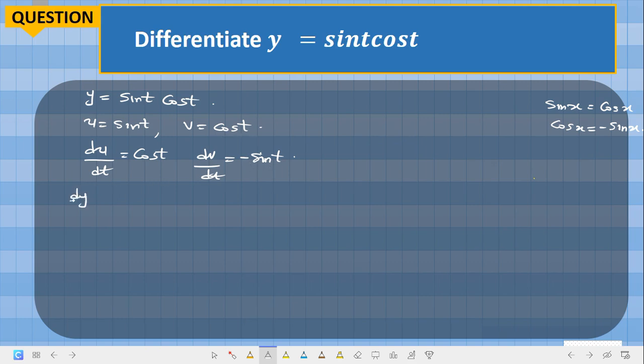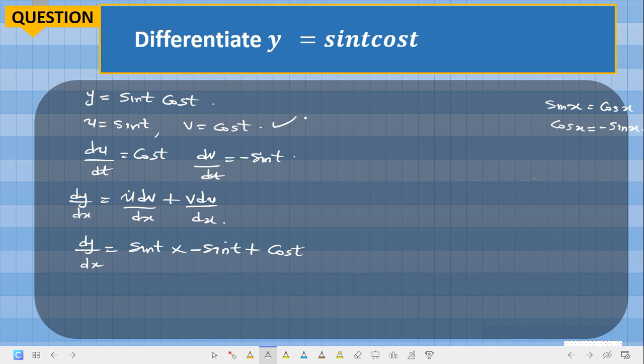Now the formula for product rule is dy dx is equal to u dv over ds plus v du over ds. So your dy dt will be equal to u, which is sine t, times dv dt, which is minus sine t, plus your v, which is cos t, times du dt, which is also cos t.